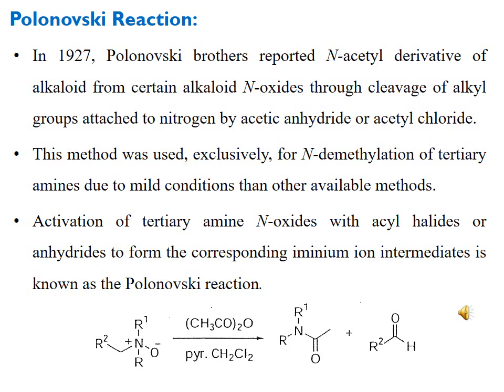As soon as it is formed, it is converted in further steps. But in some cases, which is also termed a modification of the Polonovski reaction, we can convert this iminium ion into many other useful products depending upon the nature of the nucleophiles used for this purpose.